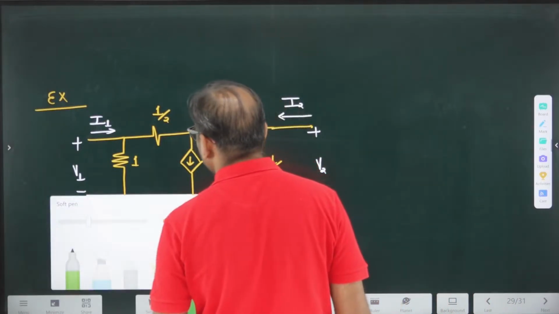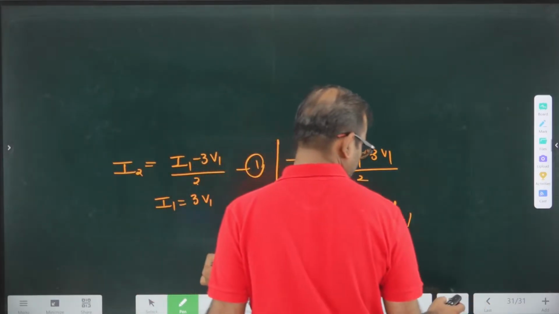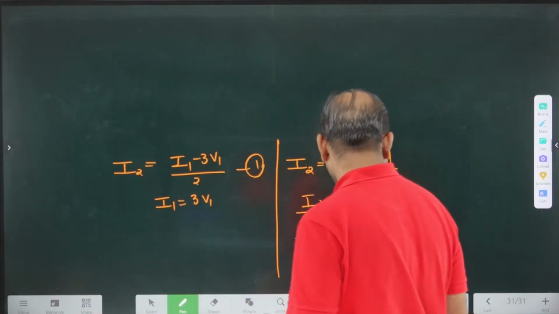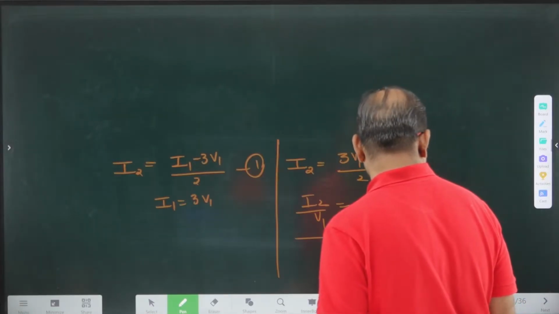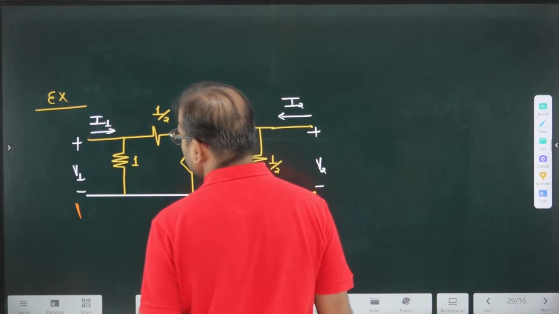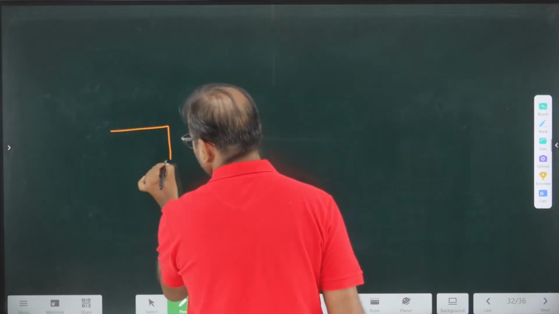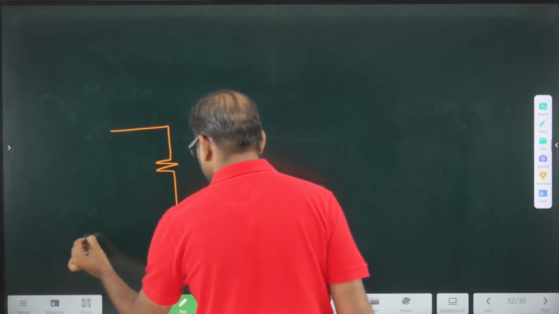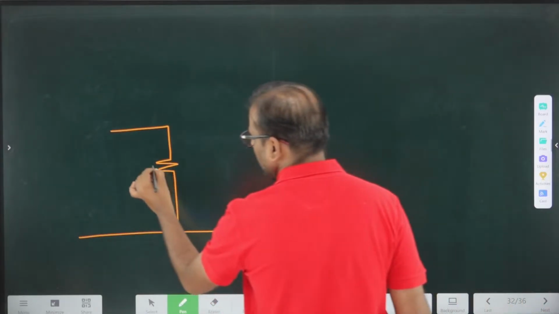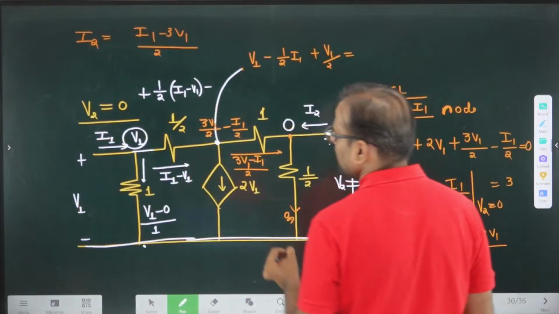This is 1 ohm, 1 by 2. Let me apply short circuited input. This is 1 ohm. This is 1 by 2.